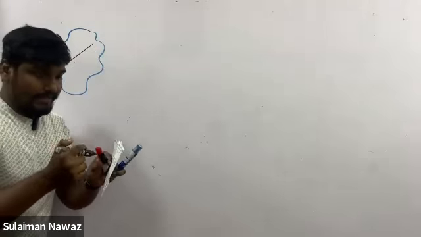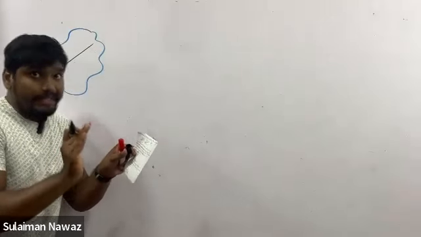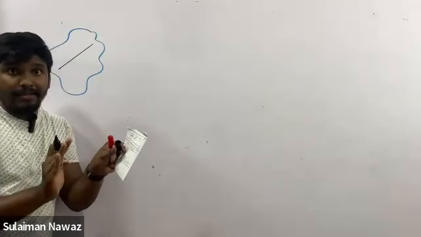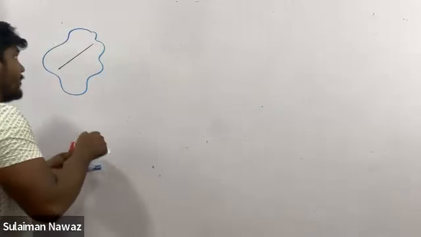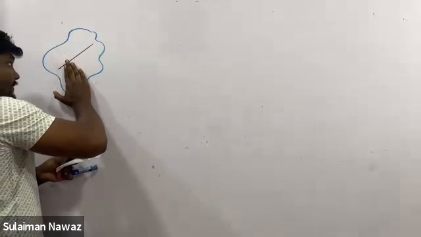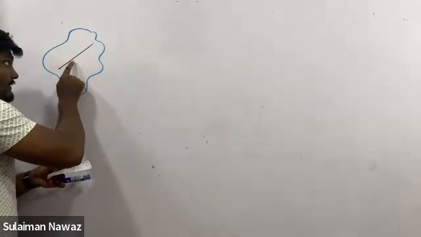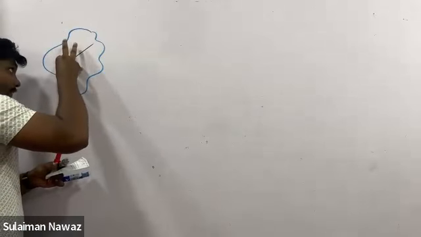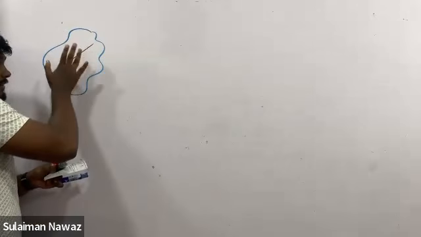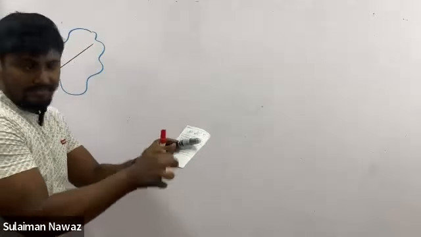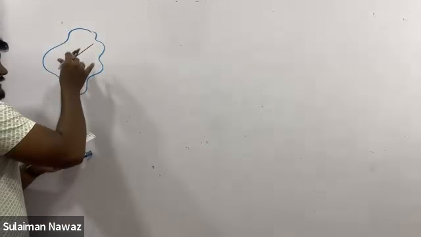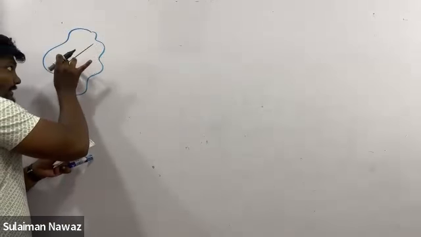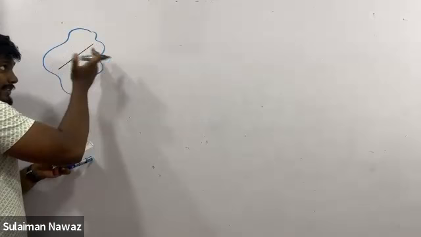Then you need to understand this liquid surface acts like an elastic membrane, right? In that case, if I draw an imaginary line on this liquid surface, this liquid surface is stretched. So if I ask you what the resultant force acting on this imaginary line is, your answer must be 0.